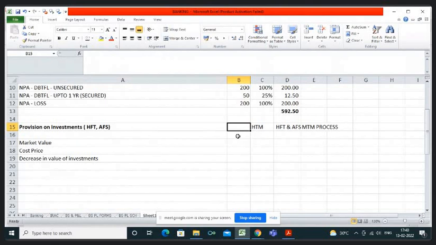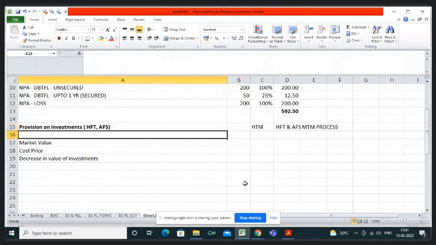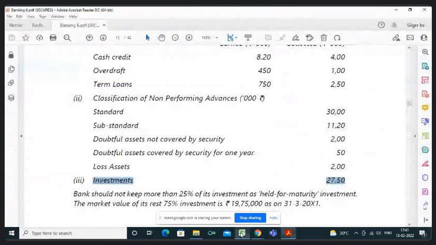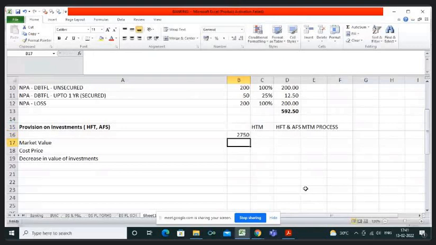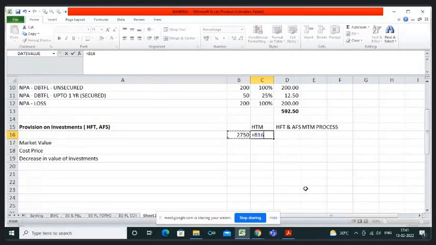So the total value of investments, how much is it? It is 2750, so 2750,000. Of this, held to maturity will be how much? 25%. So 25% will be 2750 multiplied by 25 percent. It is 687.50.